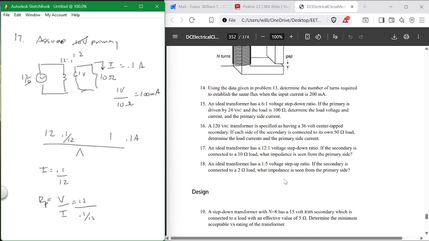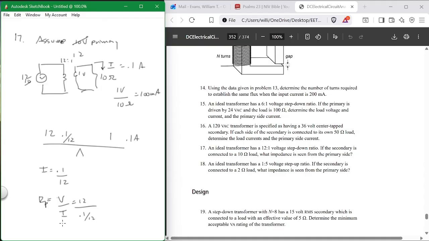If you pick a convenient voltage for the primary, like 10 or 1 or whatever, and then 1 to 5, so if you had 10 and you have 50 on the secondary, and then a 2 ohm resistor, the impedance from the primary side is just calculated by finding the primary voltage over the primary current. That's the best way to do it. Or you can memorize the formulas and get messed up about what is the right thing. This is the best way, and it works, and you don't have to remember any formulas.